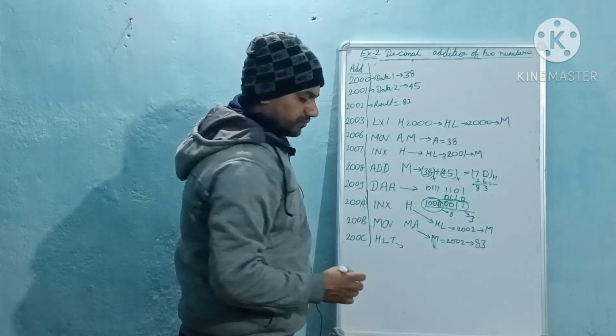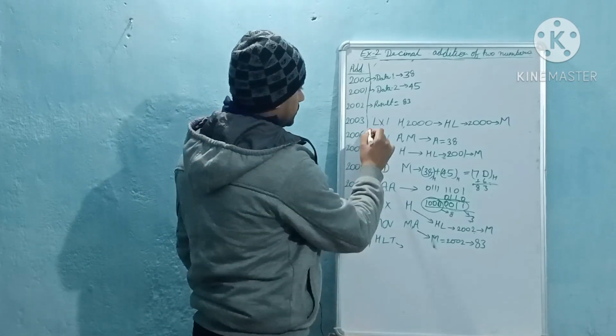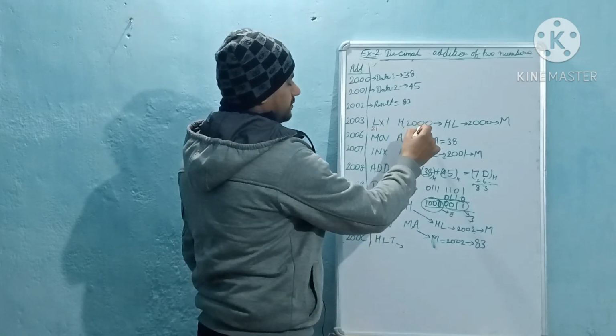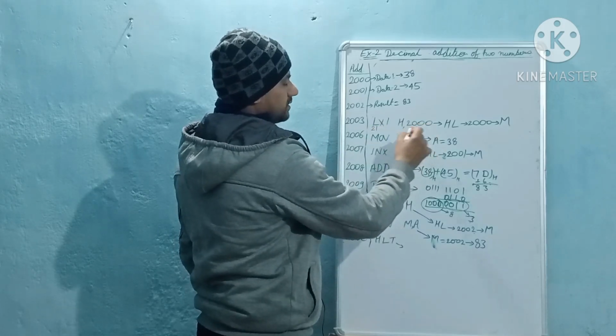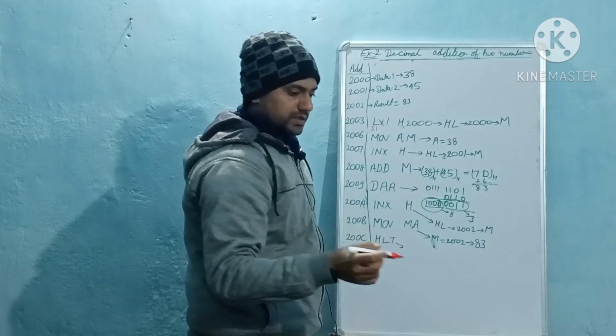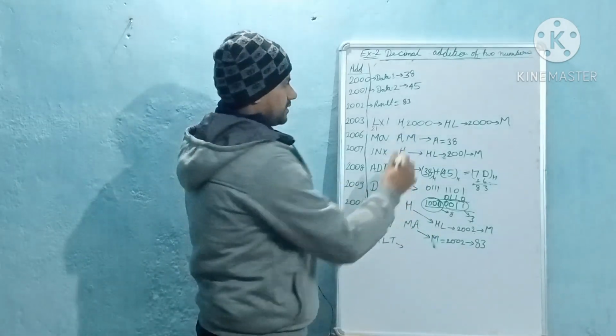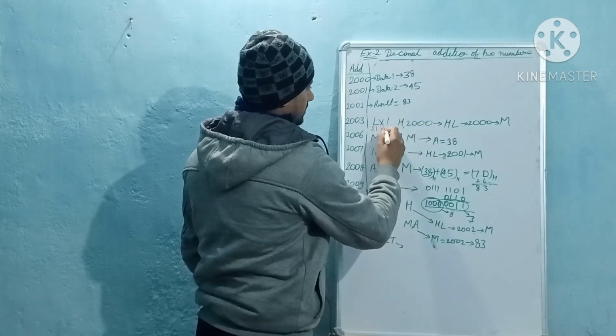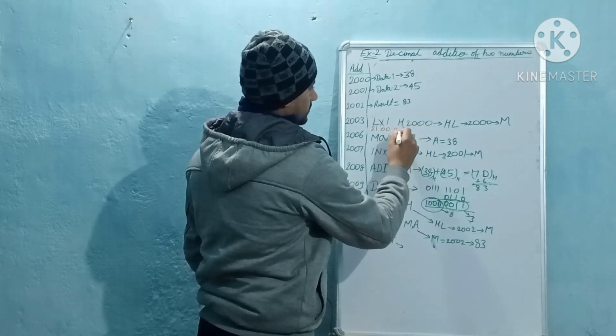For LXI we have 21, then the memory address, written in reverse order: first the LSB, 00, then the MSB, 20.